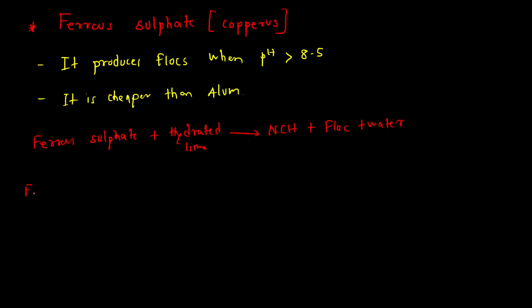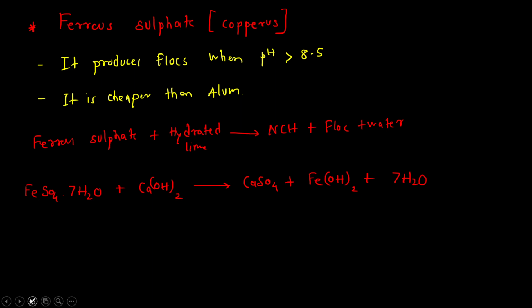The ferrous sulfate formula is FeSO4.7H2O, plus hydrated lime, meaning calcium hydroxide, and this will give us calcium sulfate plus Fe(OH)3 plus 7H2O. Fe(OH)3 is called a precipitate, and this precipitate is nothing but the floc.